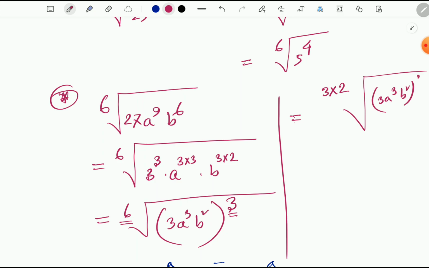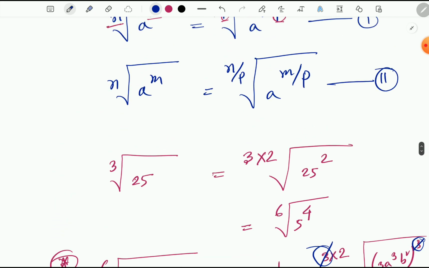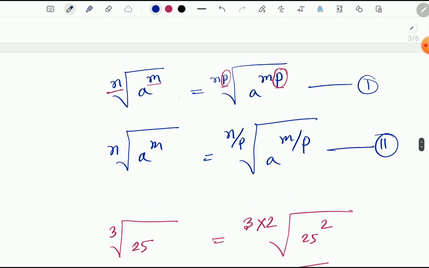Now what we can do is this 3 common term, and here the power common term we can cancel out according to our first formula. The common term we can cancel out or take out from power of inside value, and from here we can cancel them out.